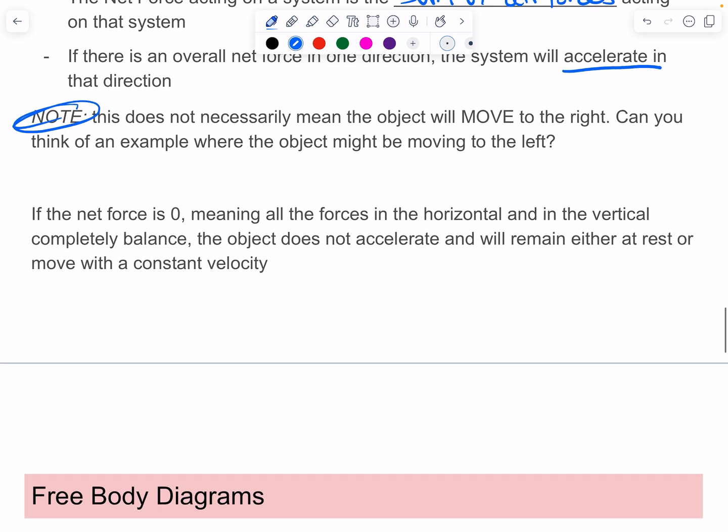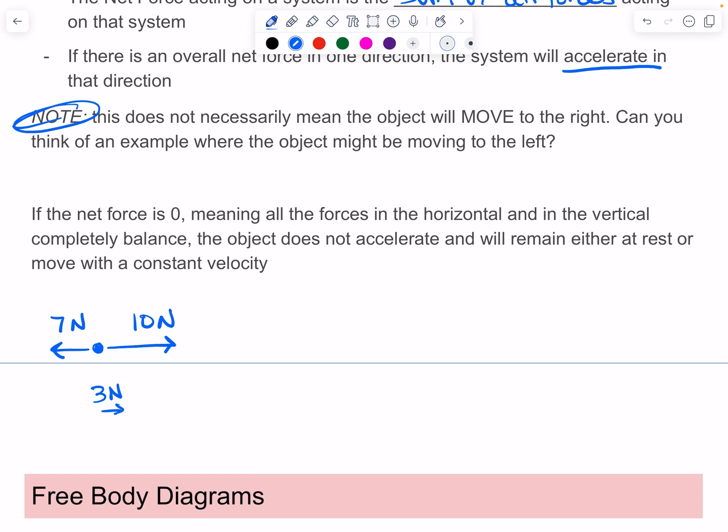So if I, for instance, have one force of, we'll say, 7 newtons to the left and a force of 10 newtons to the right, the overall net force is going to be 3 newtons in that direction, right?